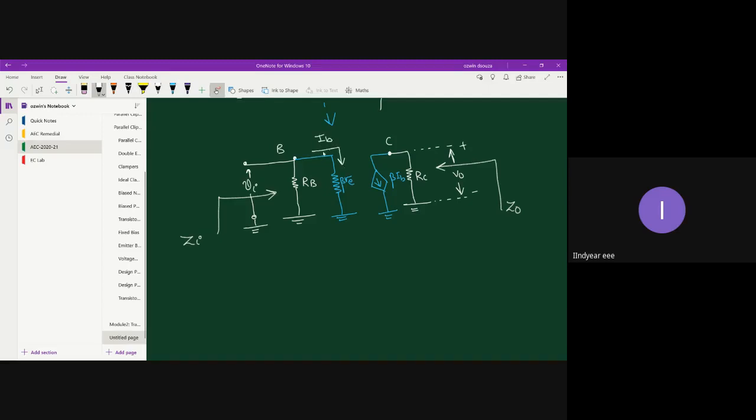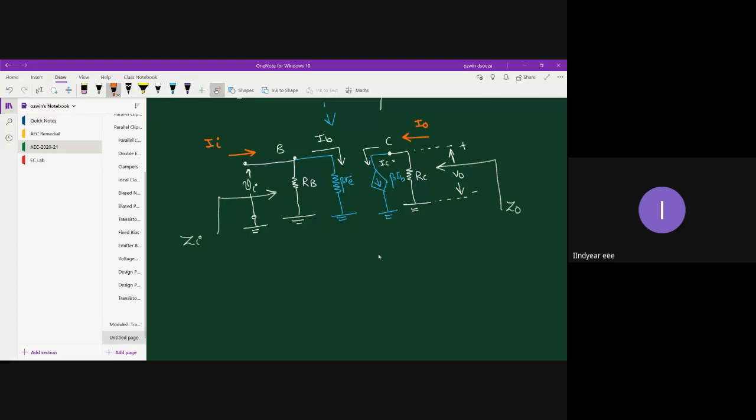This is the base current IB, and this is the collector current IC, which is given as beta times IB. Also let us mark the standard two-port network signals, the input current Ii and the output current Io. So this is how we construct the re model of any given circuit.